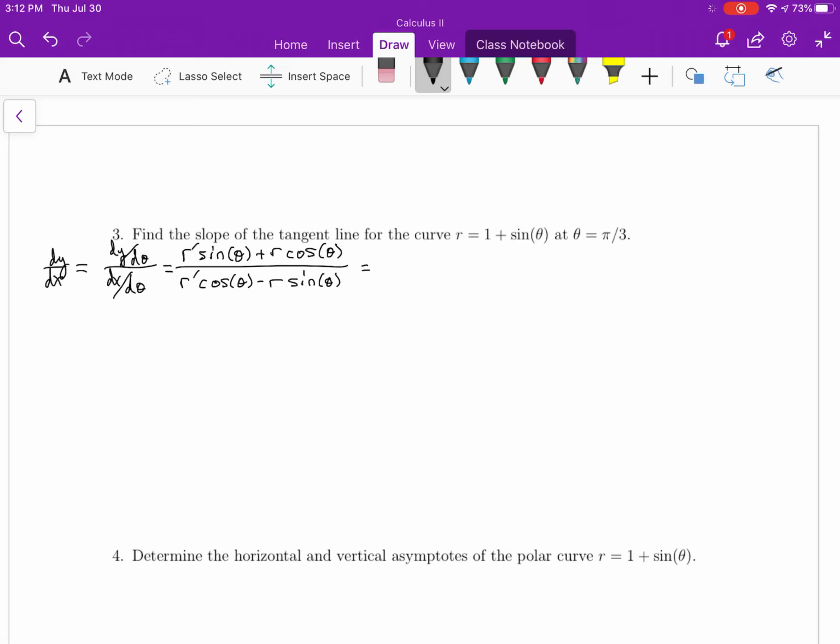All right, so now what's left is to find and evaluate. So r prime, this is dr d theta, and r is given as 1 plus sine theta, so that derivative is going to be cosine of theta. That is multiplied by sine of theta, plus, now r is 1 plus sine theta, which is being multiplied by cosine of theta.